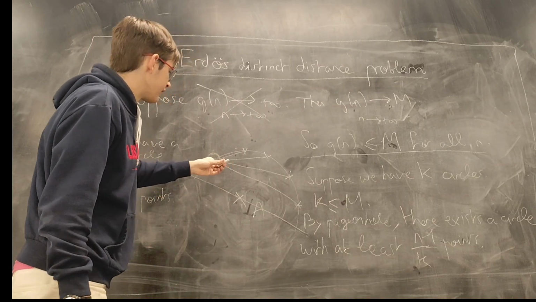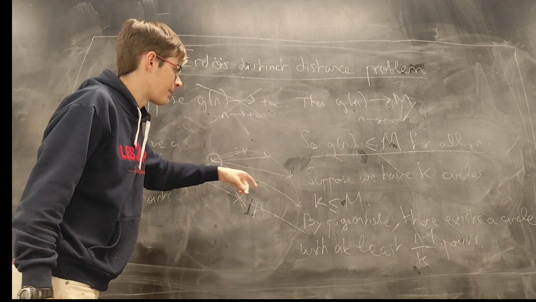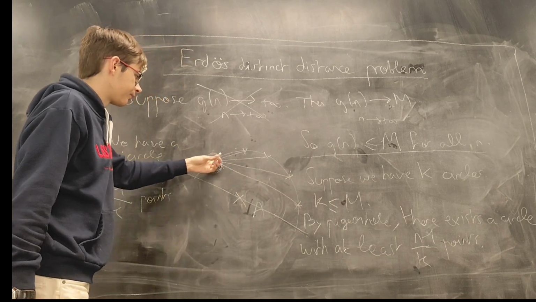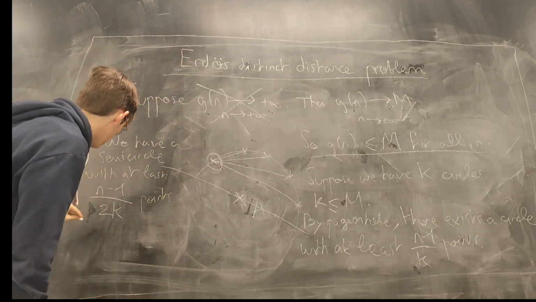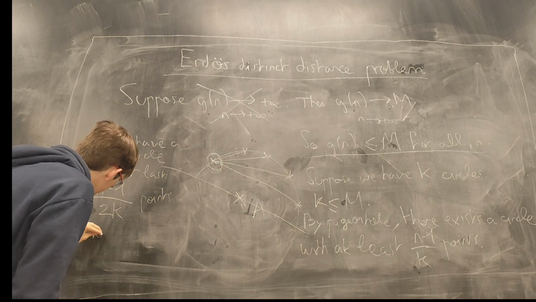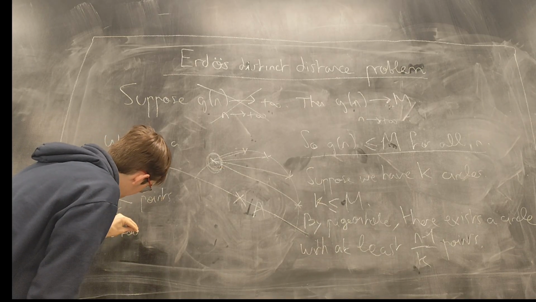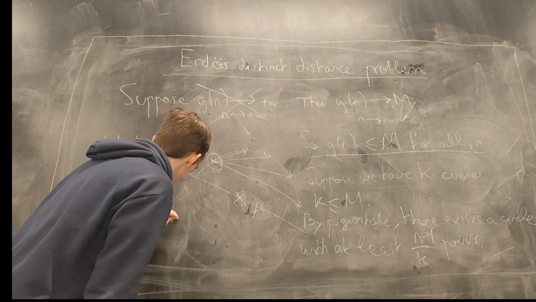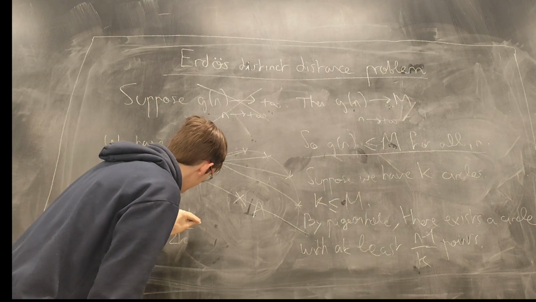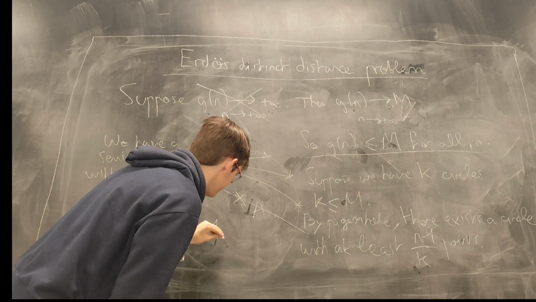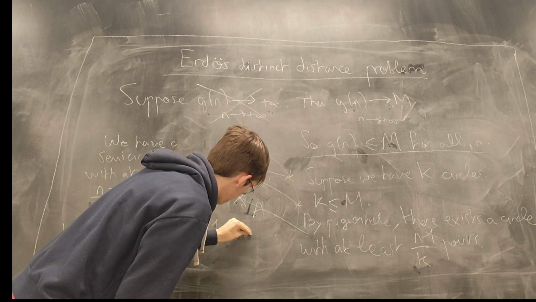How many exactly? The number of points on the semicircle minus 1. So we have found n minus 1 over 2k minus 1 distinct distances.